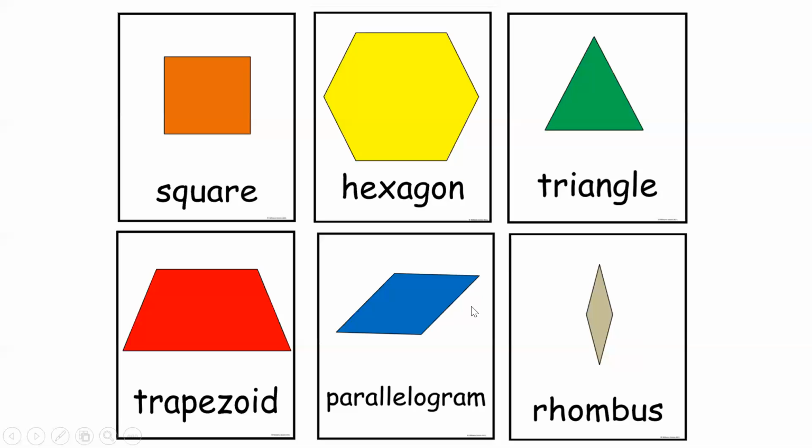Now, when lines cross each other, like in the triangle, it is not a parallelogram, because this line and this line intersect right here. On the trapezoid, the top and the bottom lines are parallel, but if you look at the ones on the sides of this trapezoid, if they continue, they would intersect. And what intersect means is that they come together.